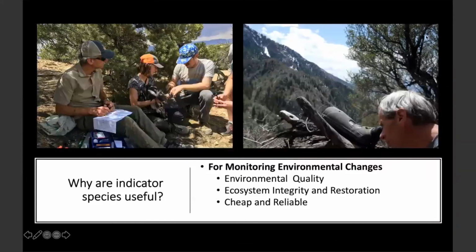So why are indicator species useful? Well, they're good, like I said, at monitoring environmental changes. With their population or their health, they can provide a lot of that information. They're also great at providing integrity and restoration information.